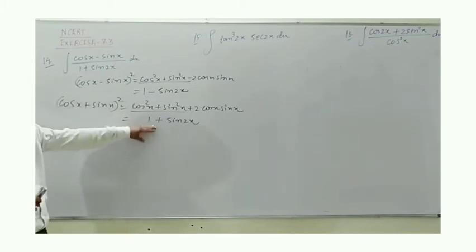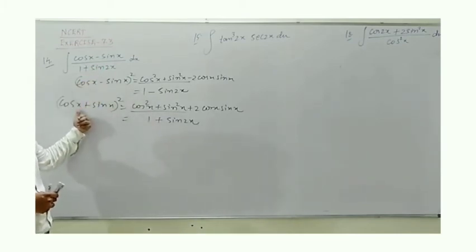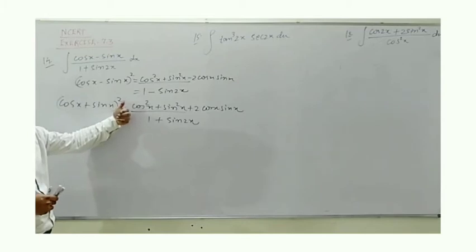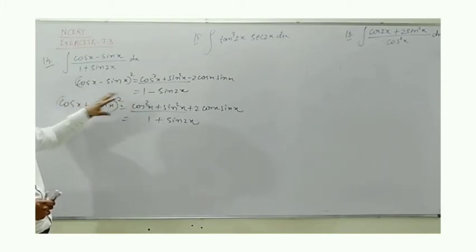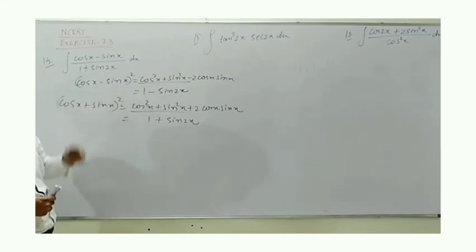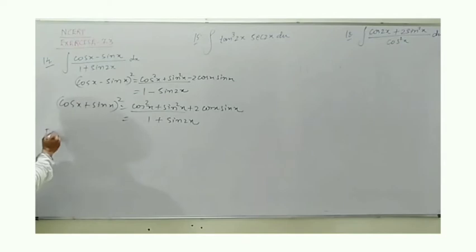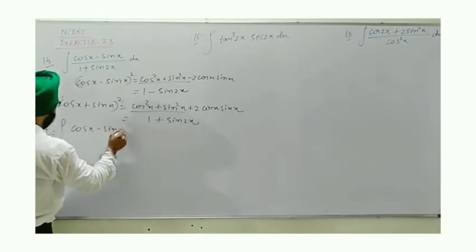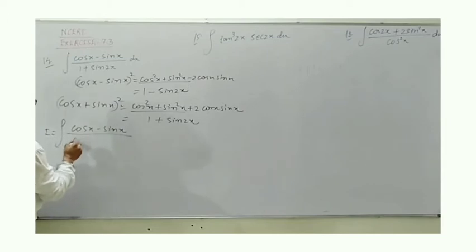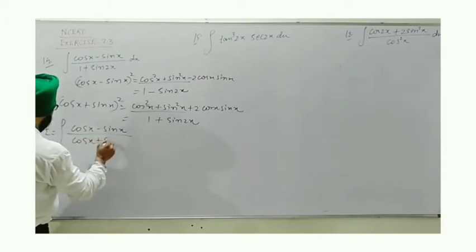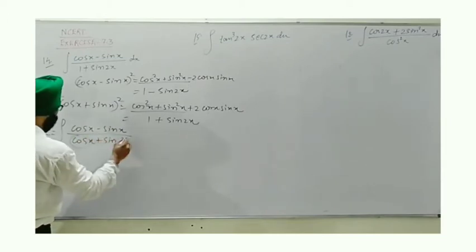This 1 plus sin 2x can directly be written as (cos x plus sin x) whole square, and here 1 minus sin 2x can directly be written as (cos x minus sin x) whole square. By the way, we will use the second identity in the given integration. I can be written as (cos x minus sin x) upon (cos x plus sin x) whole square.